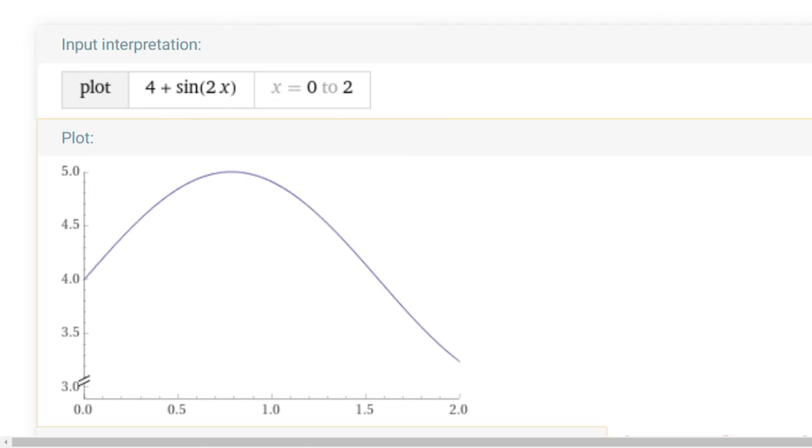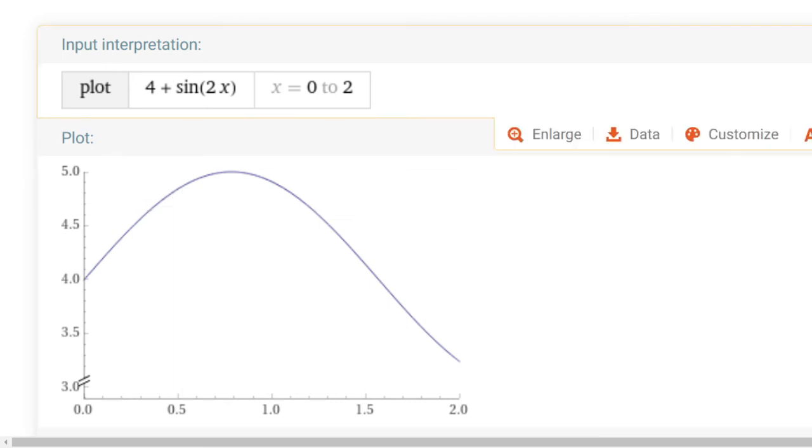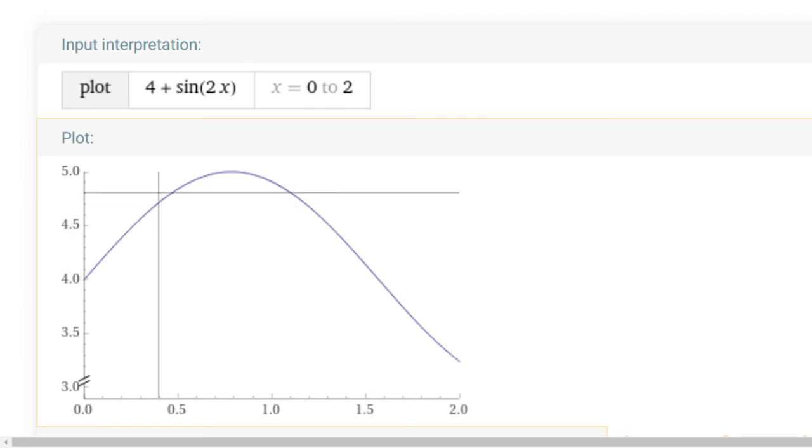Therefore, it shows that the quadratic approximation is closer to the actual value than the linear approximation. So you can see over here that the function 4 plus sine 2x, from 0.5 until 1.5, where we calculated the values just now, is actually quadratic.